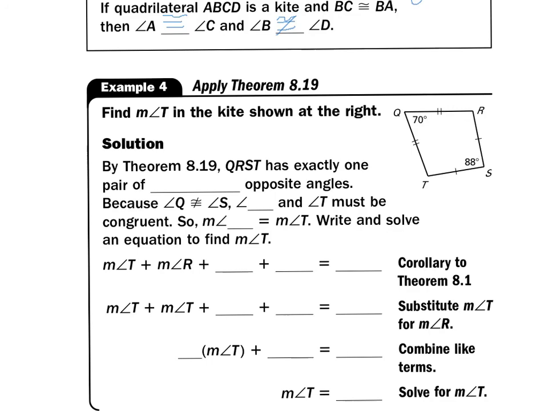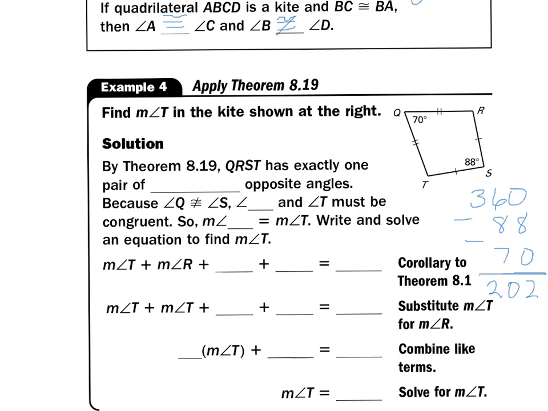So again, we're going to say that the whole angles have to add up to 360. So if I subtract 88 and subtract 70 off of that, then I would have 202.